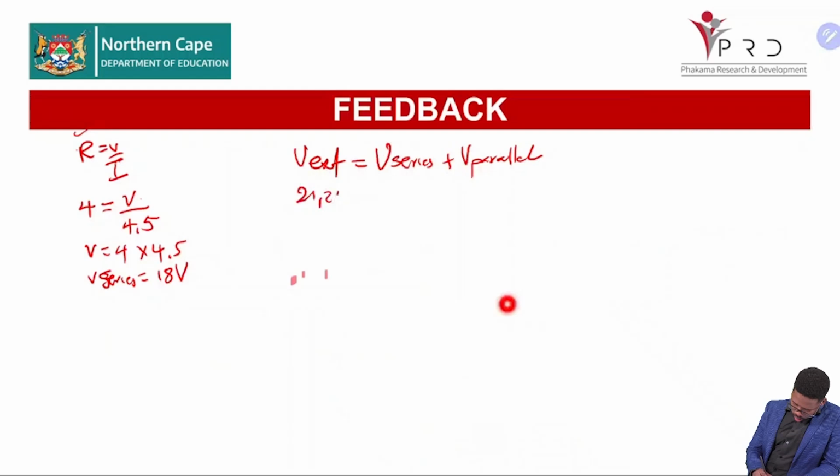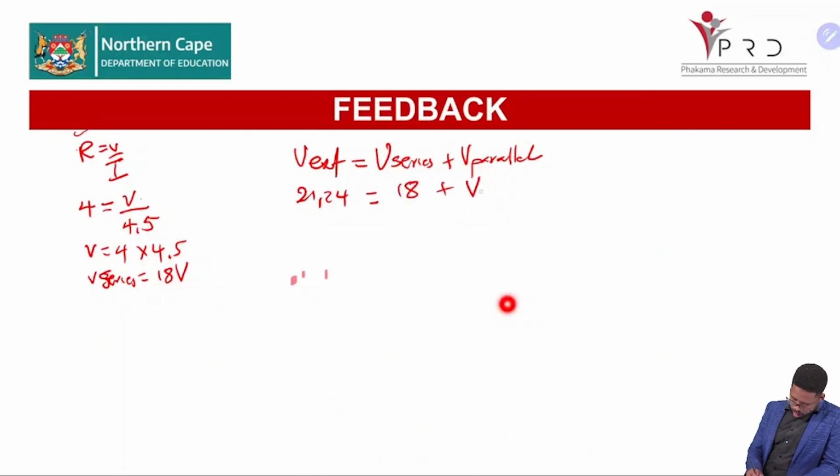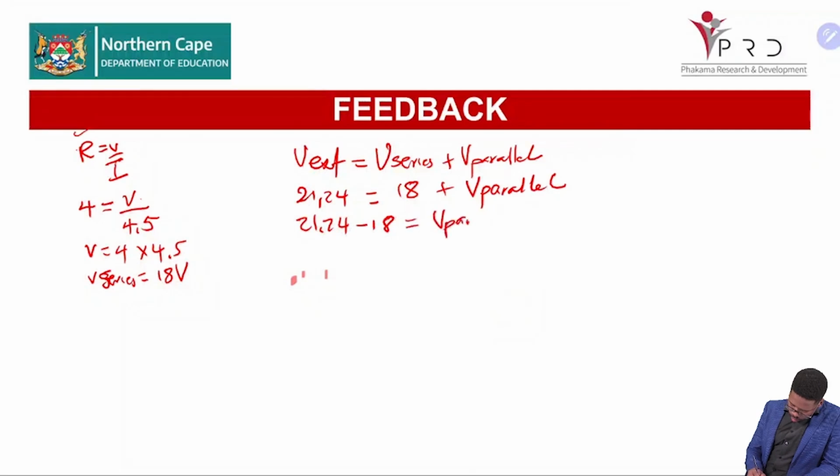So it is 21.24. V in series is 18. So now we want V in parallel. Then you transpose 18. It becomes minus 18 on the other side. Then we'll have 21.24 minus 18 is equal to V parallel. And V parallel will be equal to 3.24 volts.